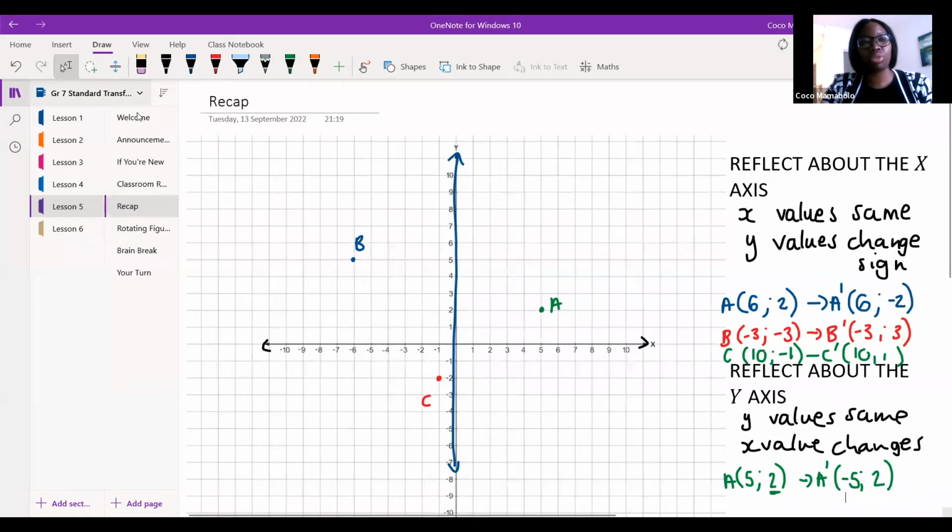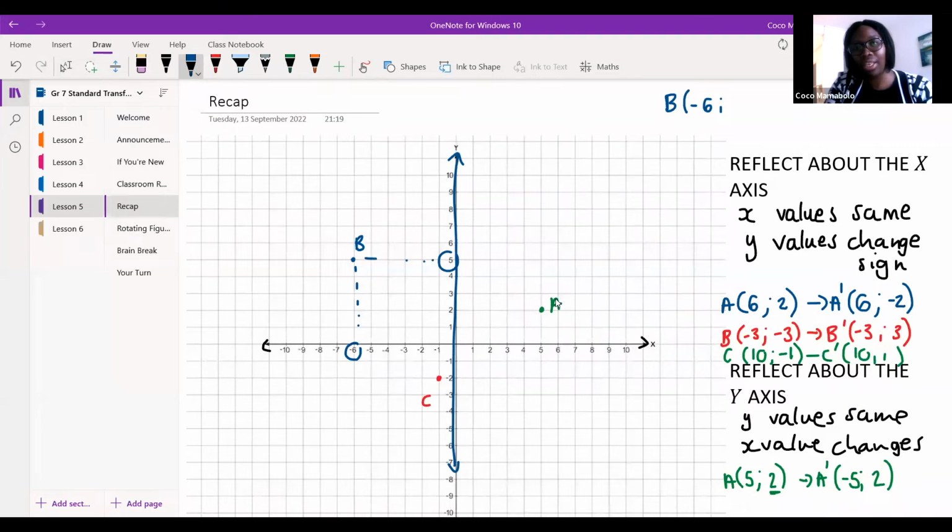Okay. Luande, do you want to do B with me? Let's do B together. Yes, ma'am. Excellent. I'm going to write it up here because I'm running out of space. What are the coordinates for B, Luande? It's -6 and 5. Good, -6 and 5.